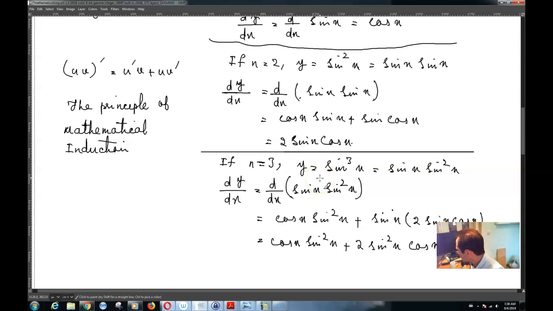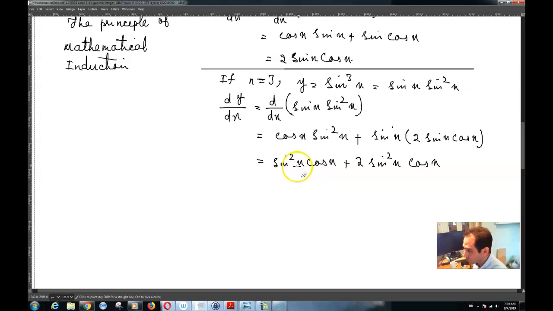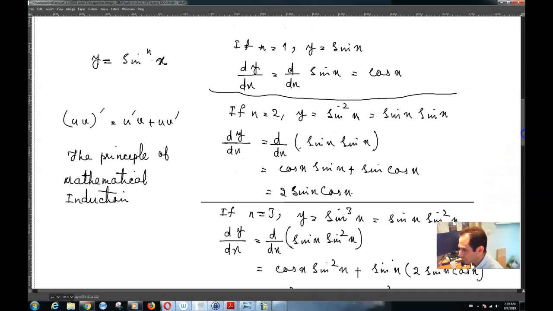Now of course these are the same thing, so let me write this properly: this is sine squared x cos x plus 2 sine squared x cos x, which is equal to 3 times sine squared x cos x.